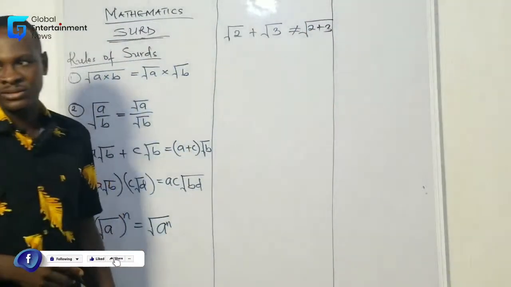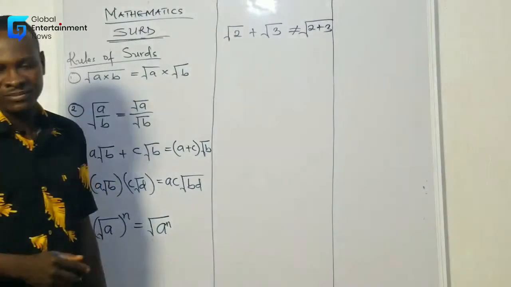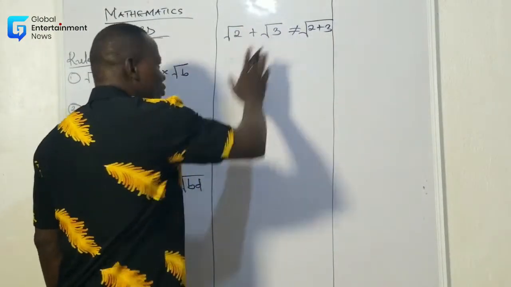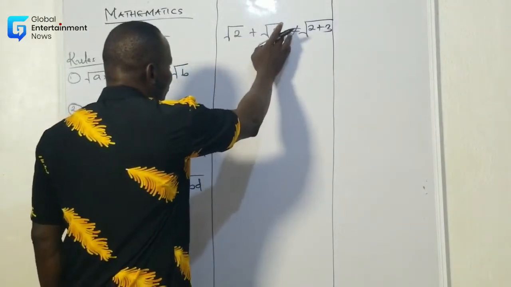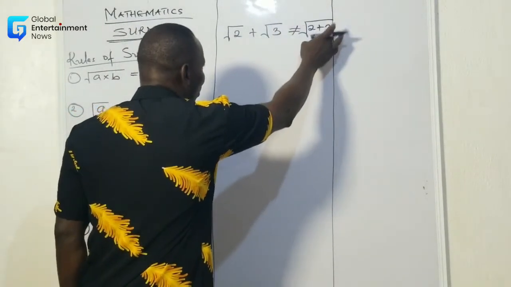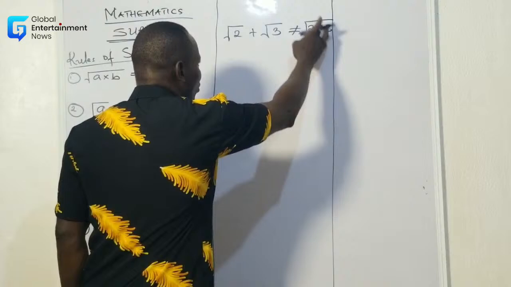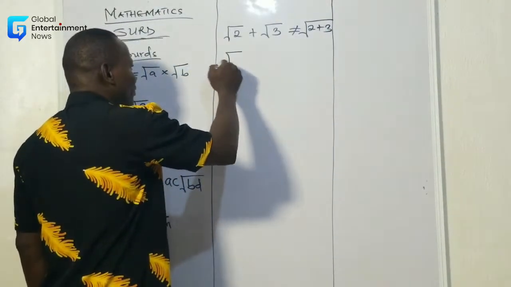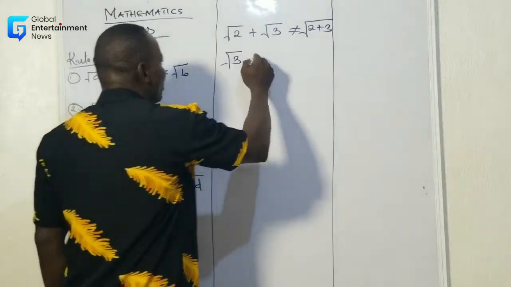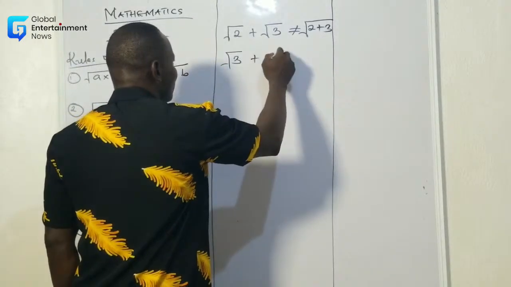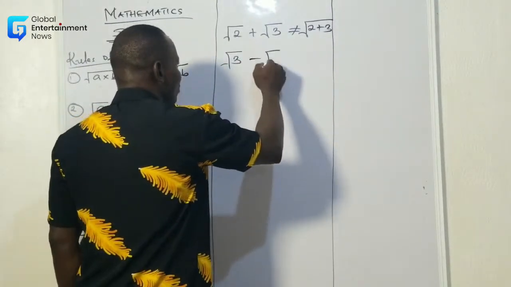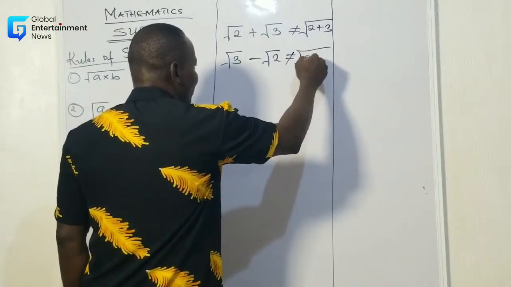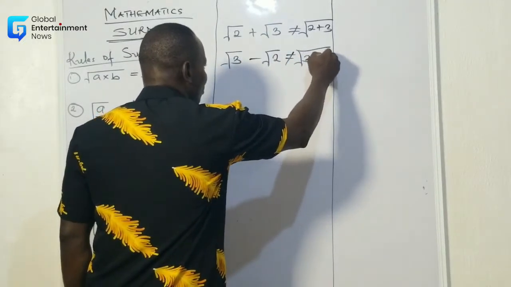It is not the same thing, because both of them are covered with root. Another one: root 3 minus root 2 is not equal to root of 3 minus 2.